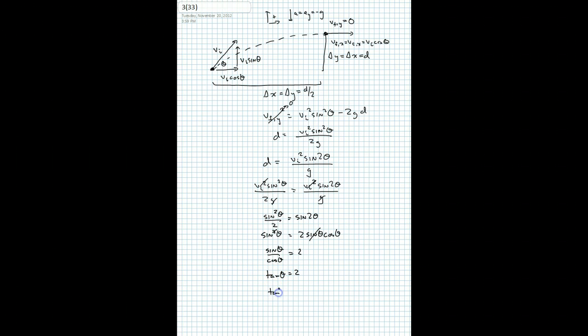So the inverse tan of 2 will be theta, and if we go to our calculators, we'll get 63 degrees. It's interesting that the g ended up going away here, so this answer would be the same no matter where we are.